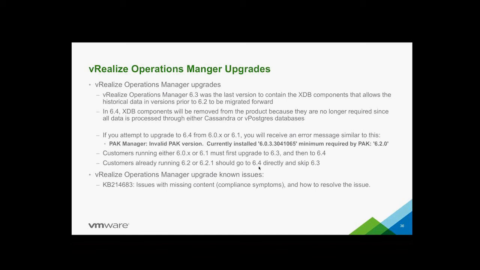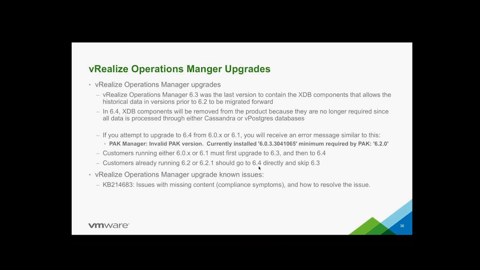With 6.4, XDB is completely eliminated in favor of Cassandra and vPostgres databases. Which is good news because XDB was kind of a black box database, but Cassandra and vPostgres are easy to understand, open standards, etc. That's nice because I'm sure it'll give better performance as well with 6.4.